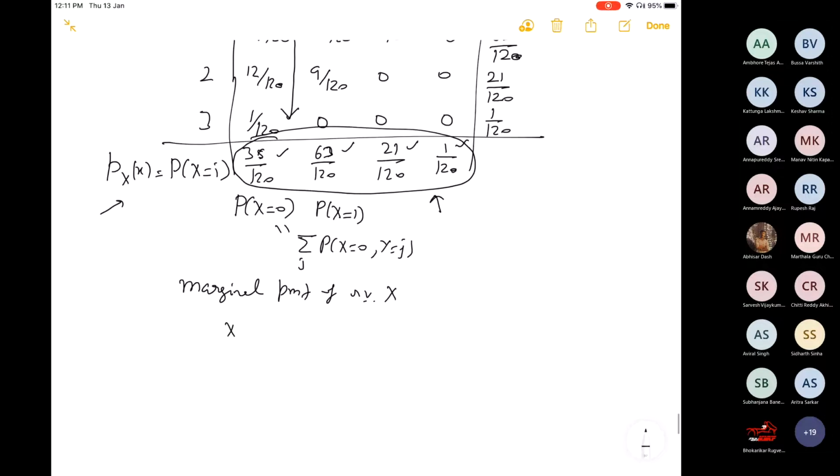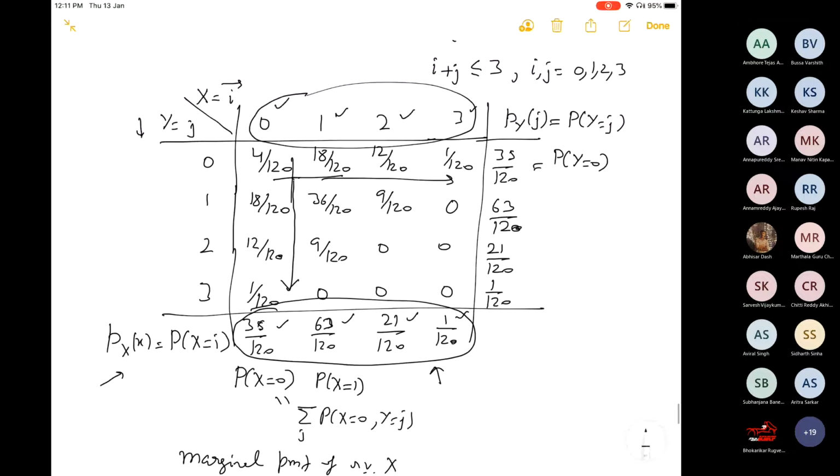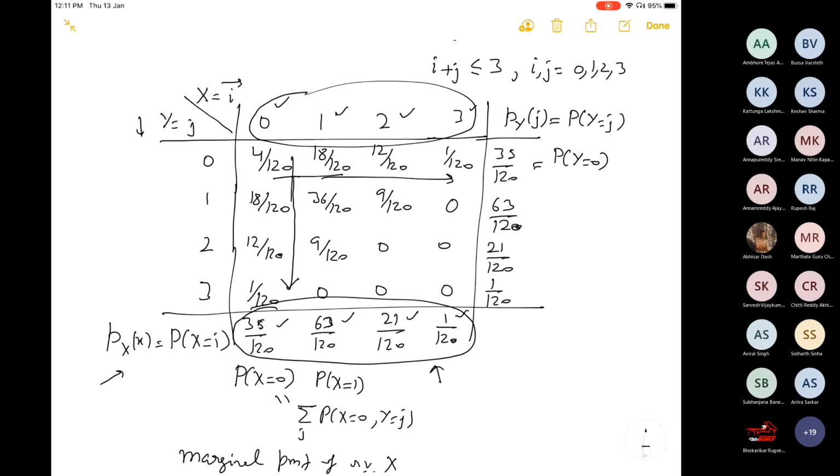So x is equal to i and the corresponding p_X(i) for 0, 1, 2, 3 is 35 by 120, 63 by 120, 21 by 120, 1 divided by 120. So in this fashion, you can find out the marginal PMF of x, and similarly you can find out the marginal PMF of y also.